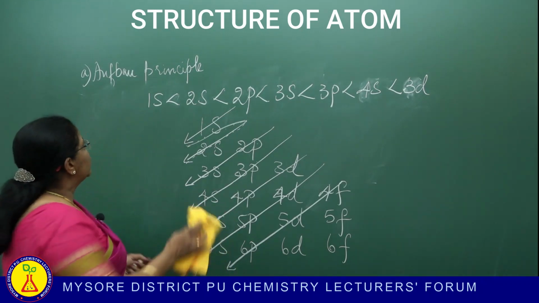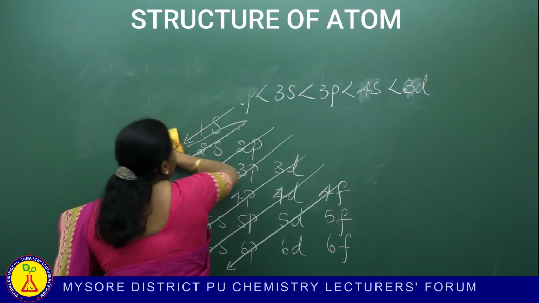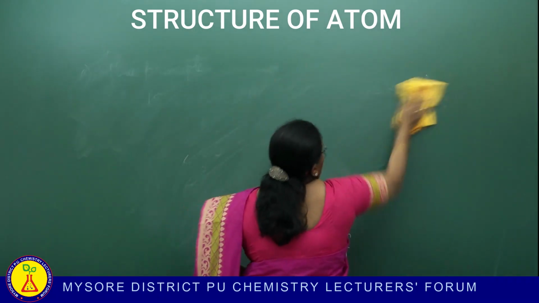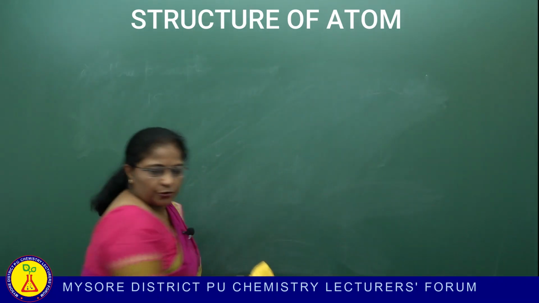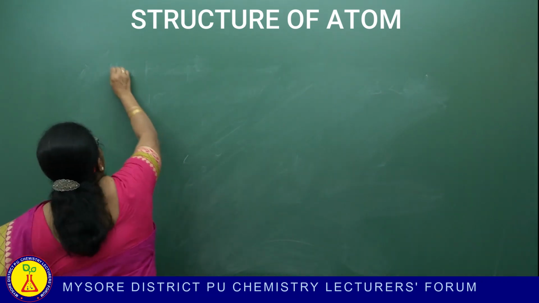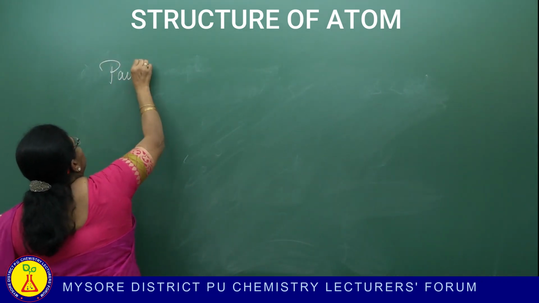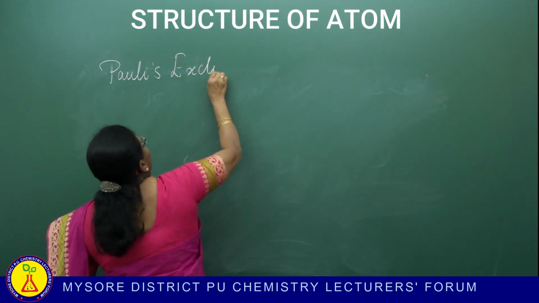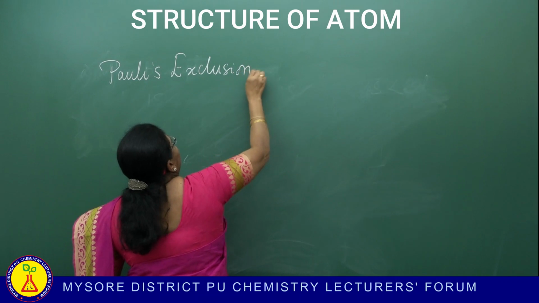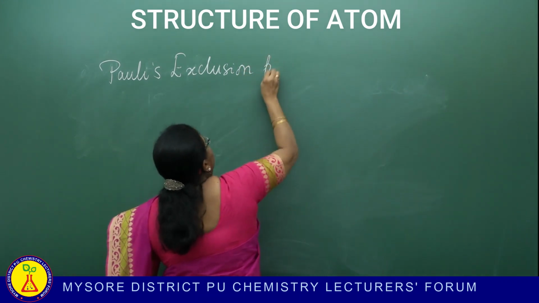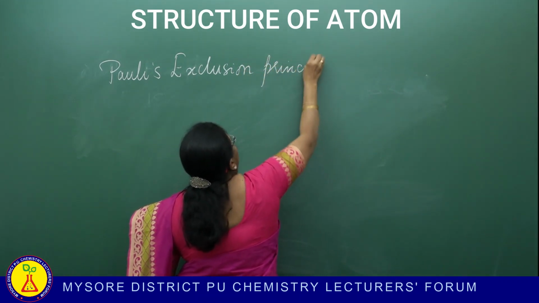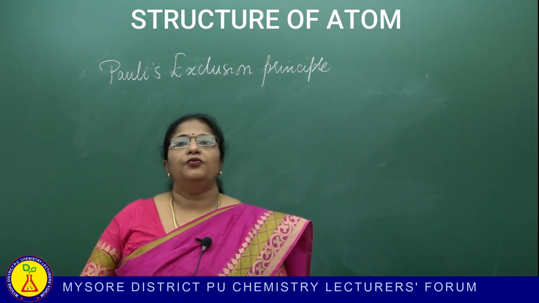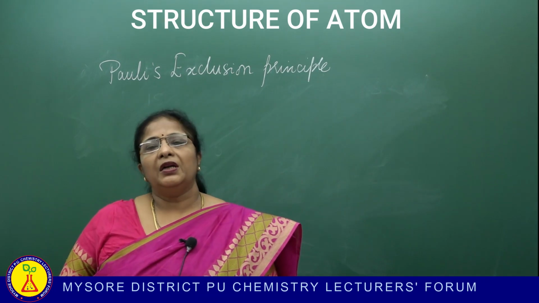Now what is the next principle here? The next principle is Pauli's exclusion principle. What is Pauli's exclusion principle? According to Pauli's exclusion principle, no two electrons can have the same set of four quantum numbers.